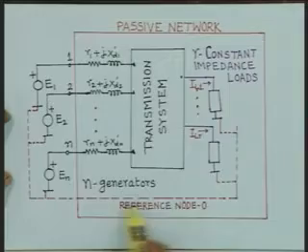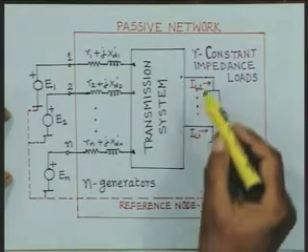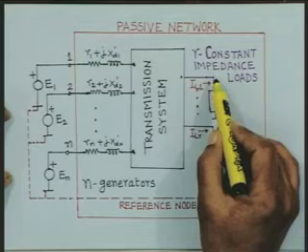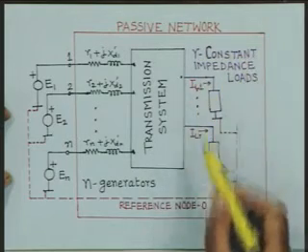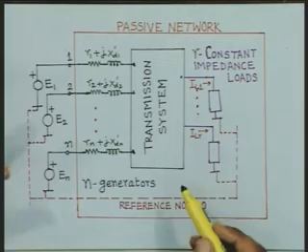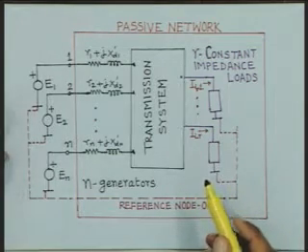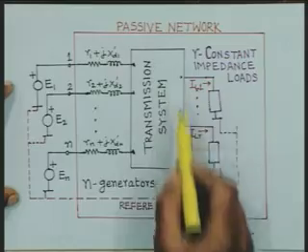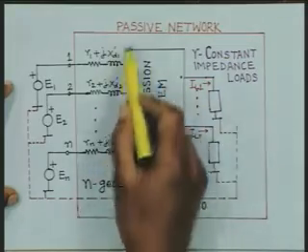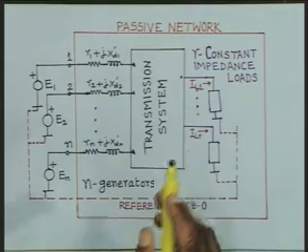Now, in this case I have shown n generators, and there may be r nodes where the loads are connected. Therefore, the system may originally have n plus r nodes. When you perform the load flow analysis, you find the Y bus matrix considering only the line parameters.